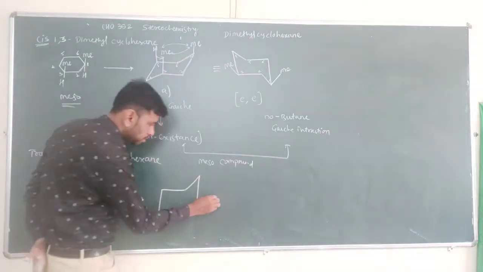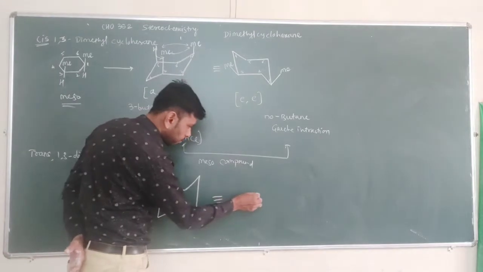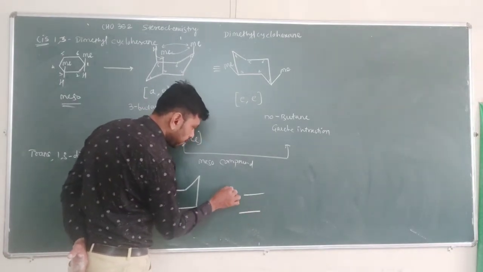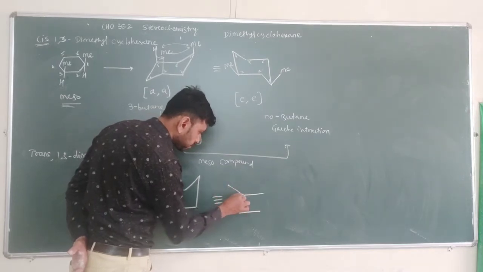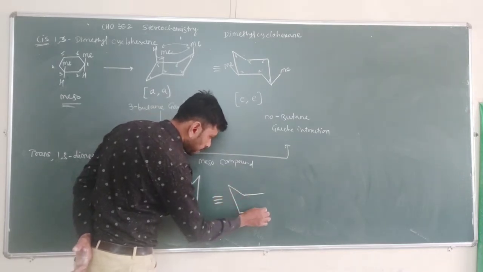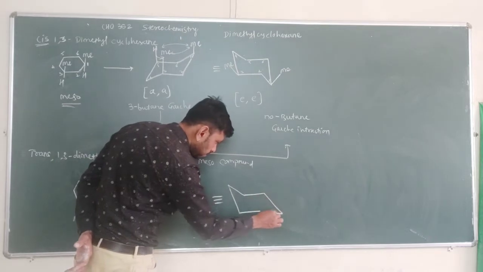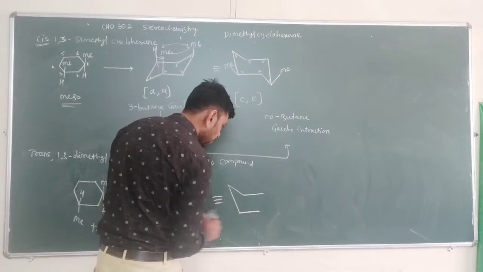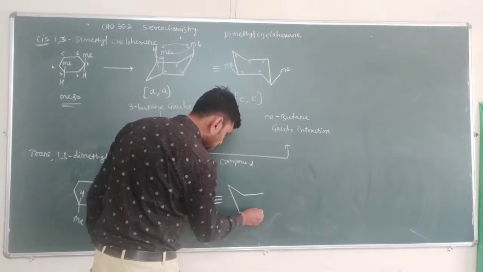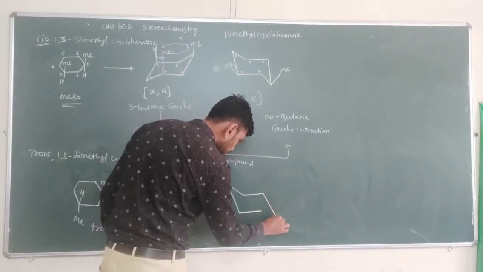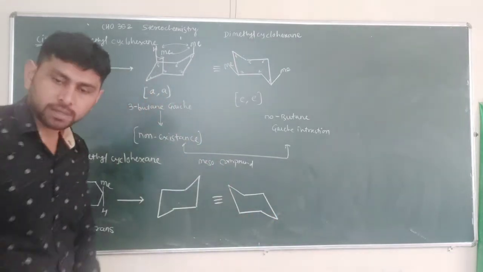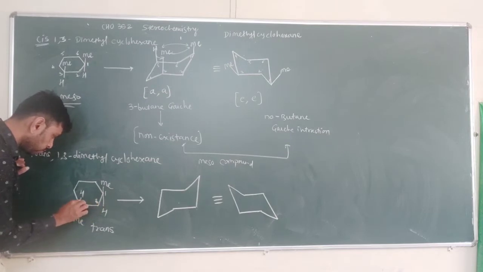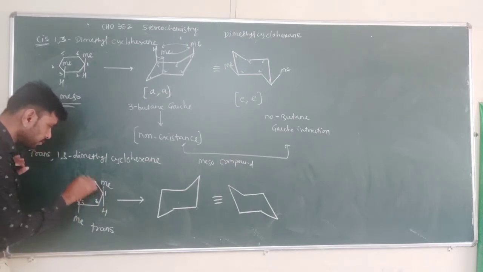This is one conformation, another we can convert into another chair conformation by ring flipping. So by ring flipping, it is converted into another chair form. Now give numbering to the substituents properly.